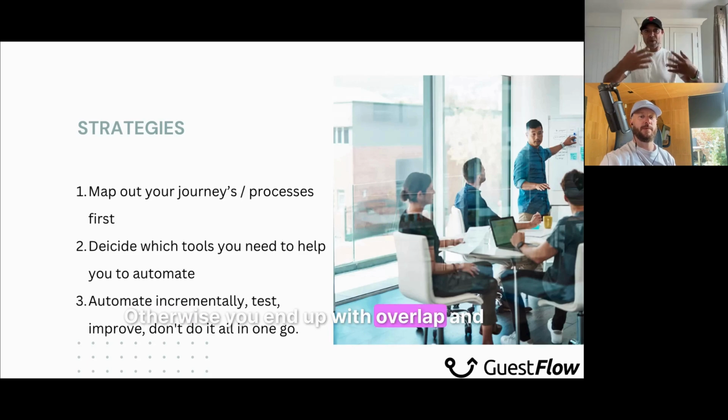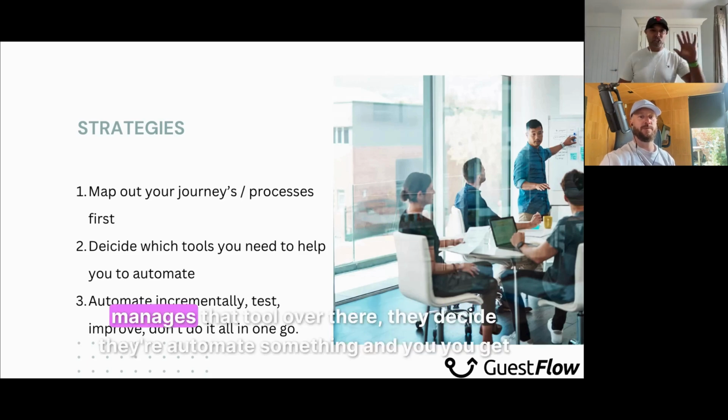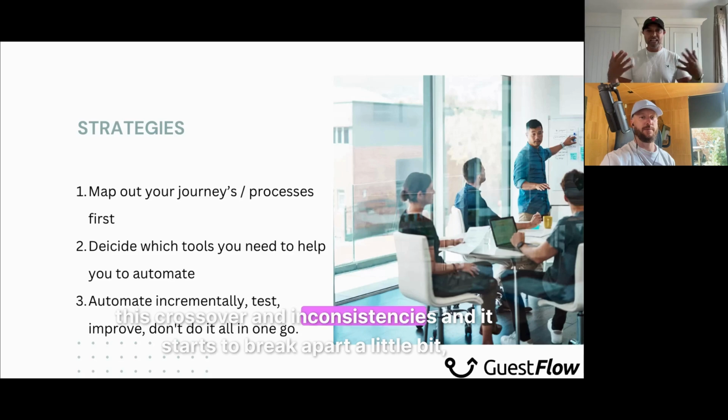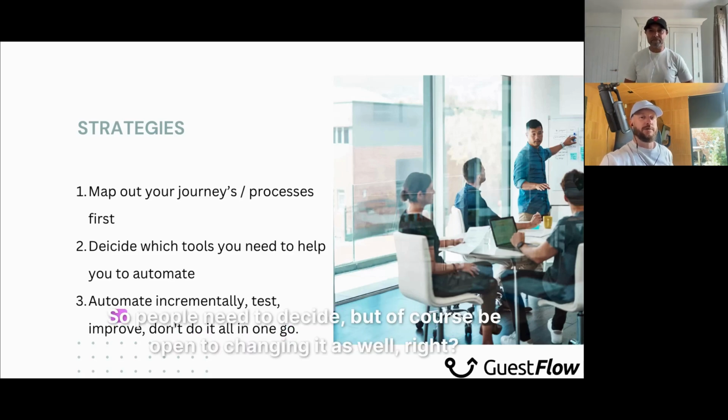Otherwise you end up with overlap, and somebody manages that tool over there, they decide they're going to automate something, and you get this crossover and inconsistencies, and it starts to break apart a little bit.